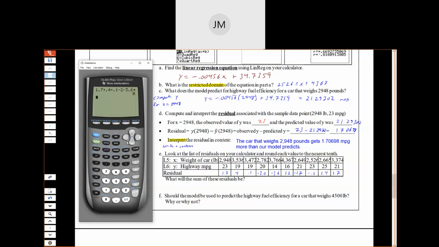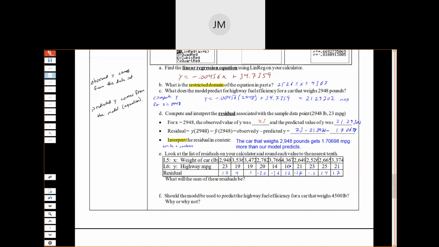Then when I add up all these residuals, I'll always get exactly 0. Okay. So the sum of these residuals is 0.